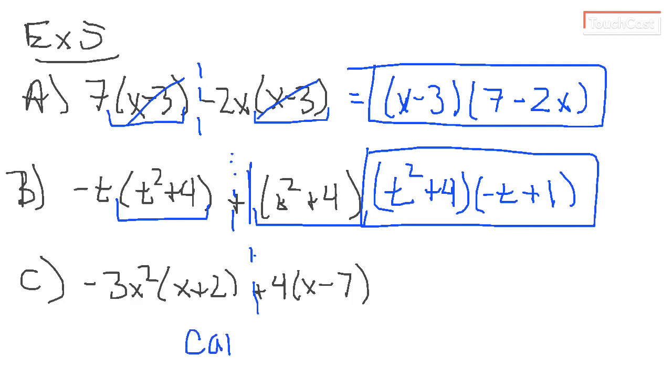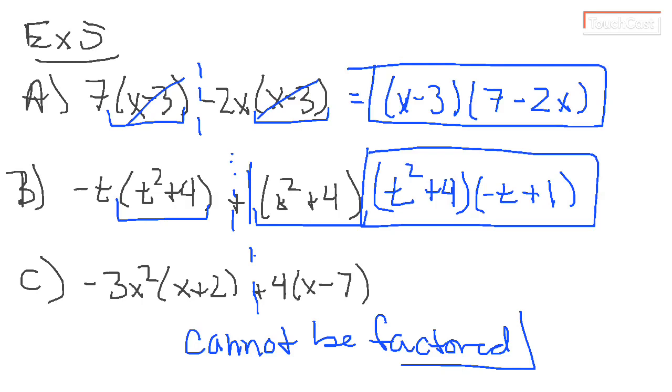That's what we'll say, cannot be factored. There's nothing in common to take out. And that's going to wrap up our lesson on the greatest common factor and factoring by the greatest common factor.